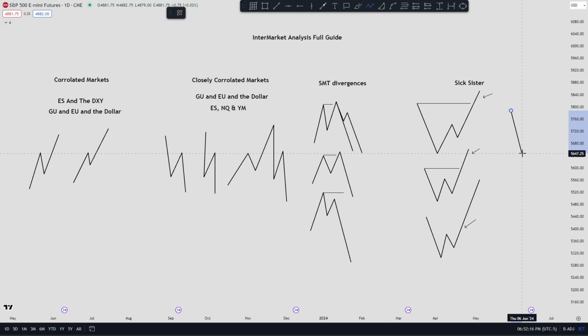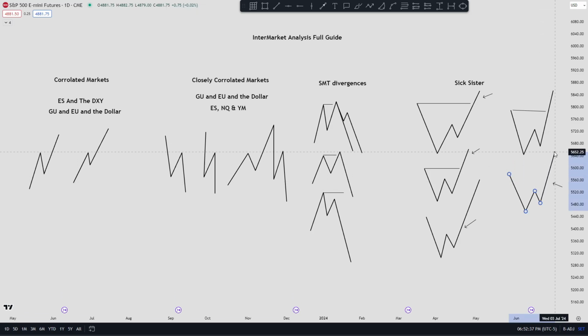If GU is all the way up here and takes out these highs, but EU is still right here, I'd look to take longs on EU, anticipating EU to have a strong push higher than the GU.